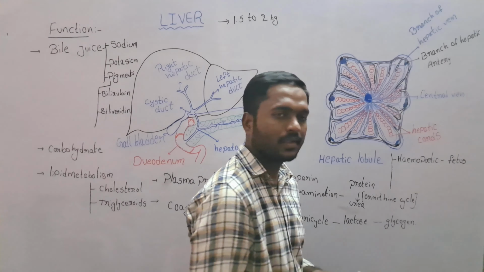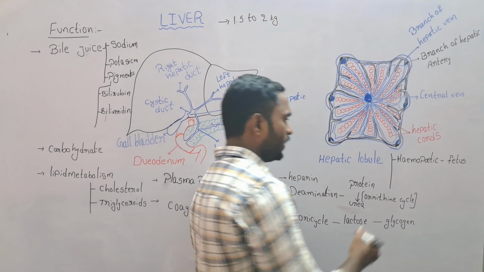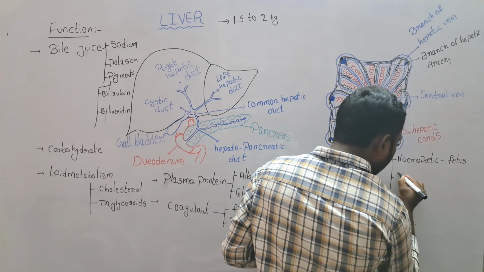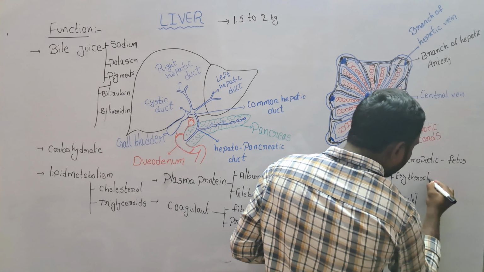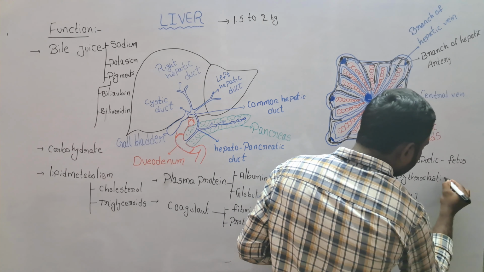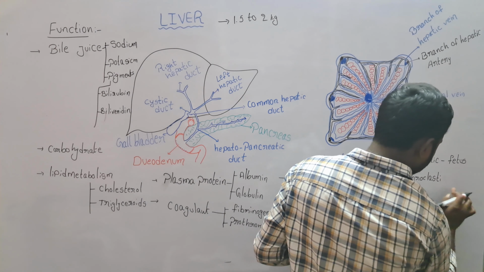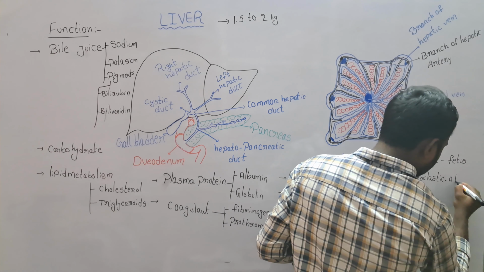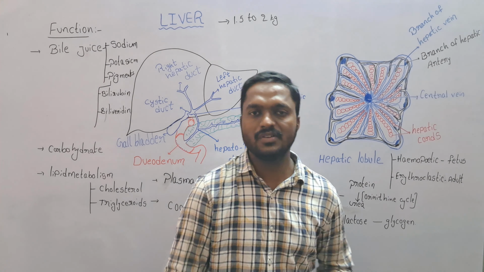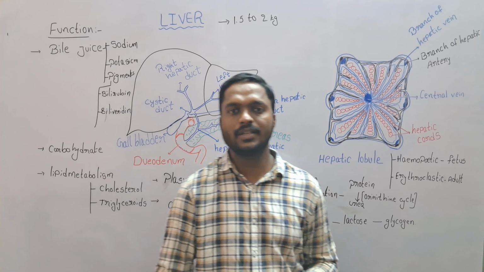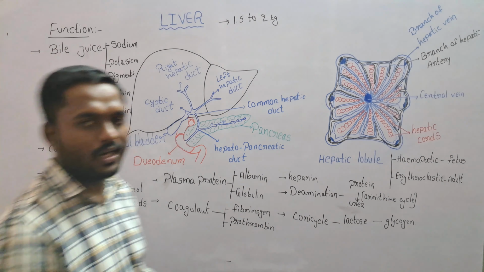It means blood cells are formed in the liver in the fetus, and it also acts as an erythroclastic organ in adults. Erythroclastic means the process of destruction of blood cells in the liver. This is the information about the liver and its functions.